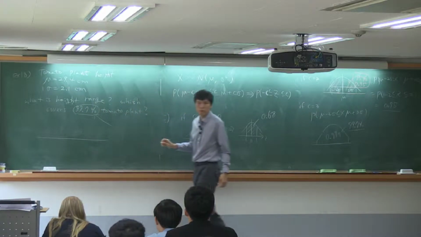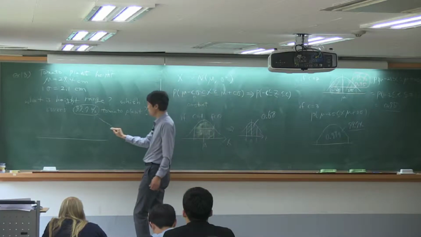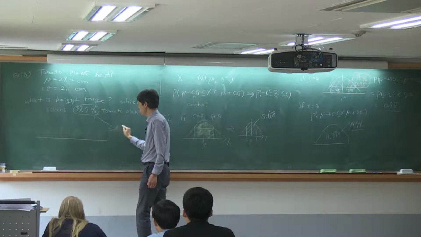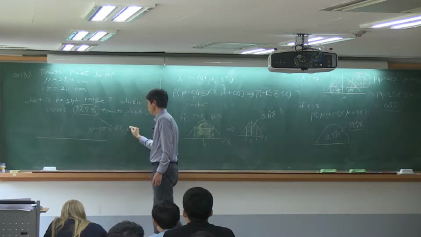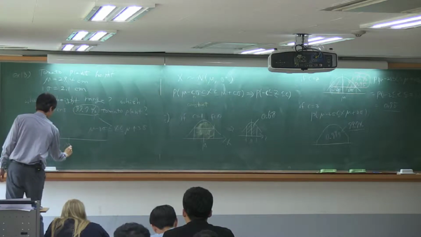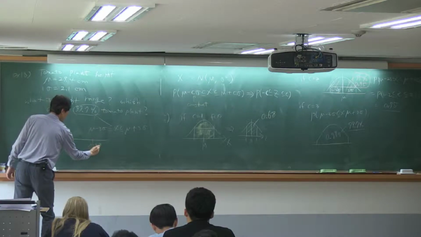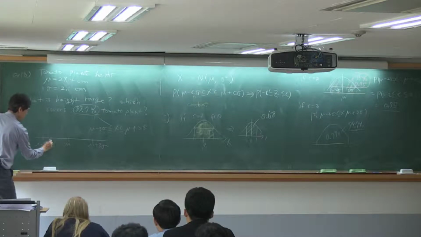99.7% means the random variable x is in the range mu minus 3 sigma to mu plus 3 sigma. So there is mu, here is mu plus 3 sigma and mu minus 3 sigma. So what is here?